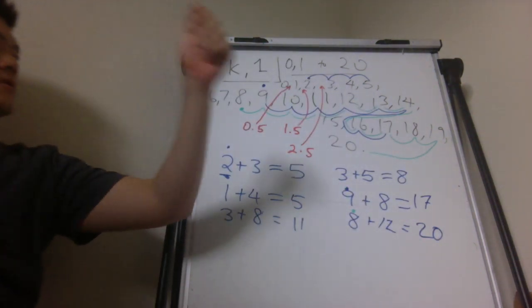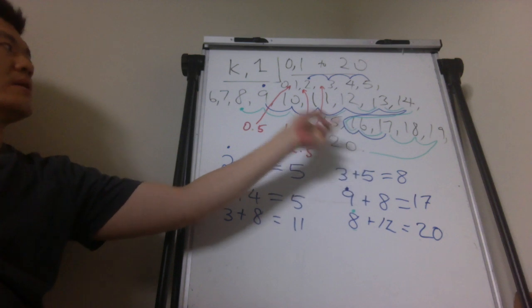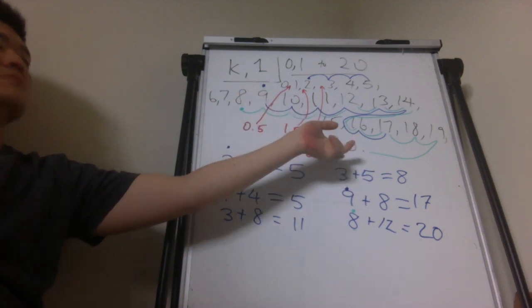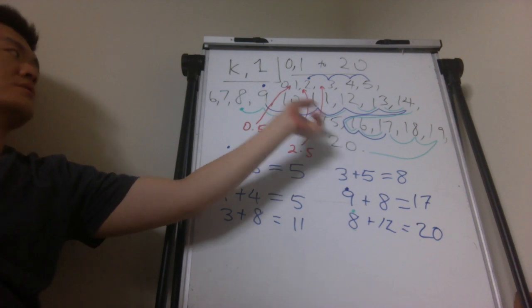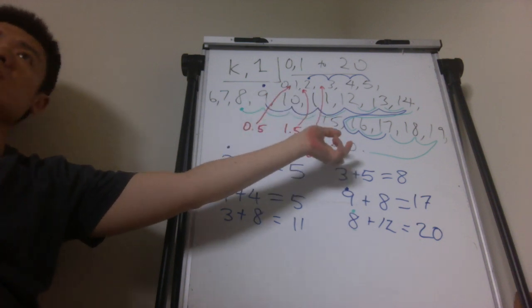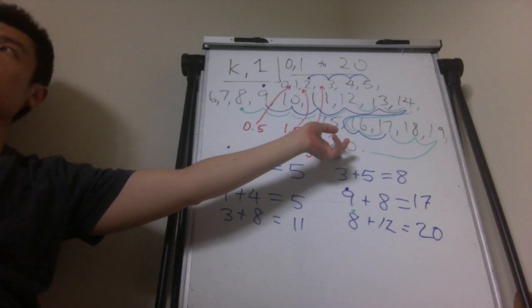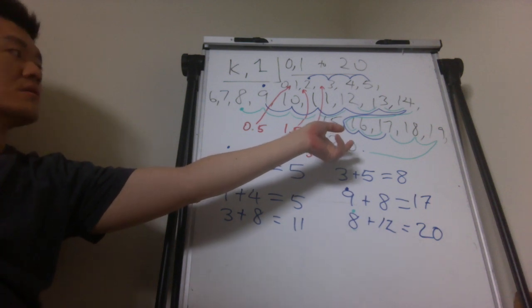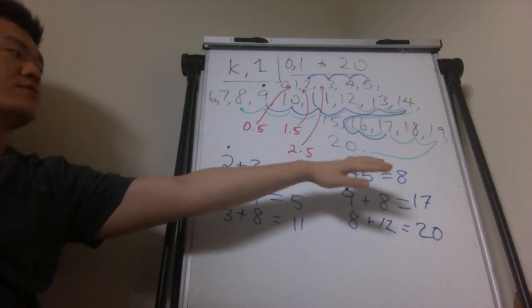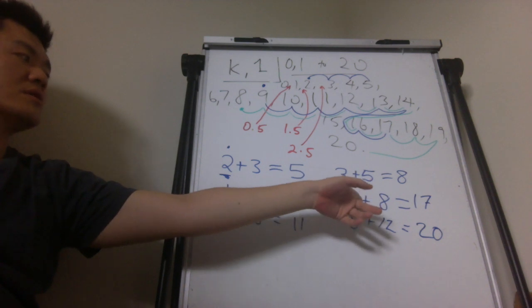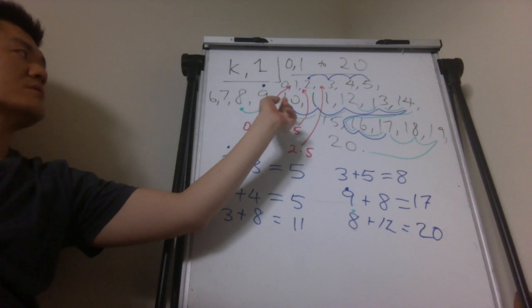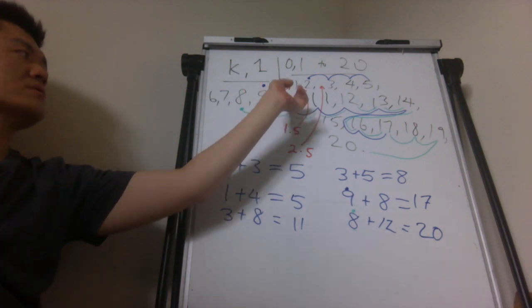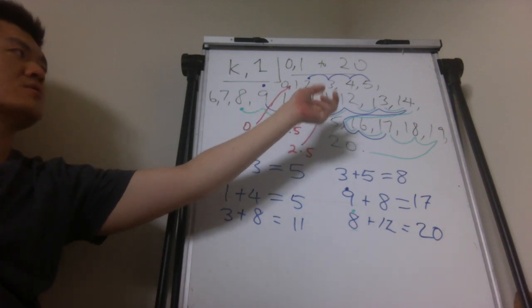Okay, look at this. So 8 goes to 20 by counting 12 times, right? Okay, so we can just go 1, 2, 3, 4, all the way up to 20, yeah? But that's one way of doing it, and that's if we didn't have anything. But remember, we also did 9 plus 8, okay? And look at how all the green is right next to all the blue, right? We did all those steps twice. Can you see that?